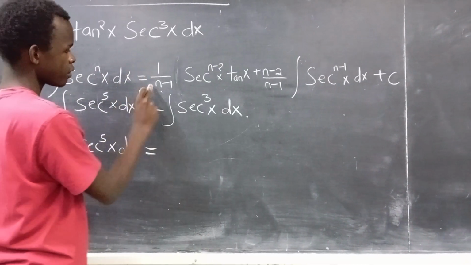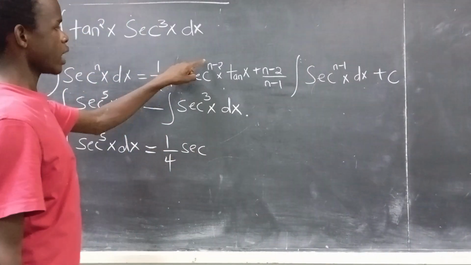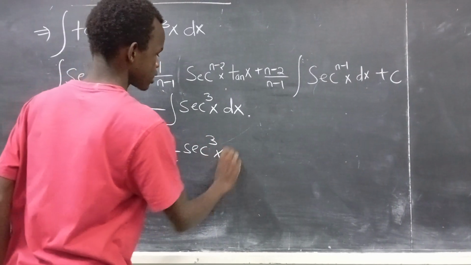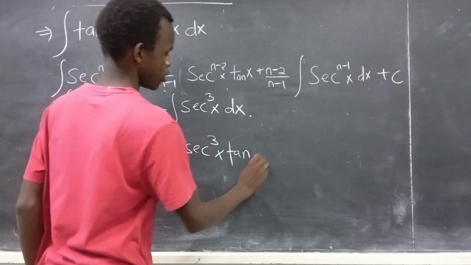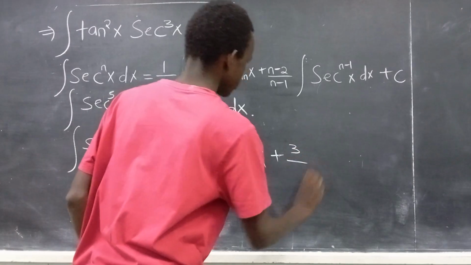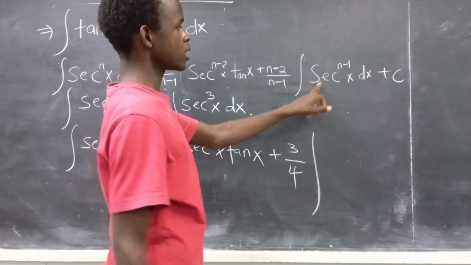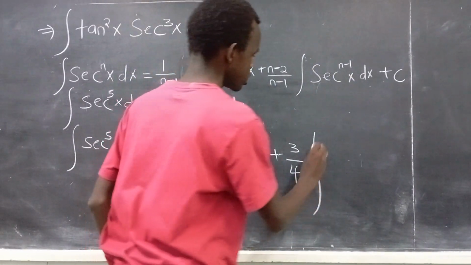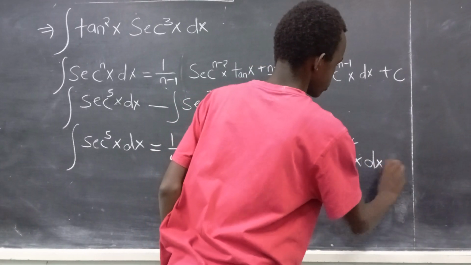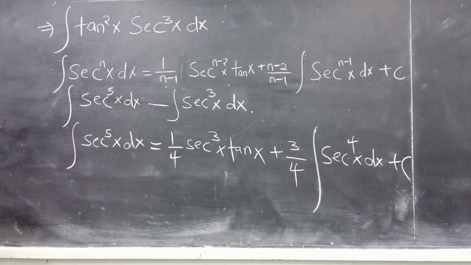So I'll get 1 over 5 minus 1, which is 1 over 4, secant to the 5 minus 2, which is 3, of x tan of x, plus n minus 2, which is 3, over n, which is 5 minus 1, which is 3 over 4, the integral of secant to the 4th of x dx, plus a constant c. From there, I'm still integrating this part.